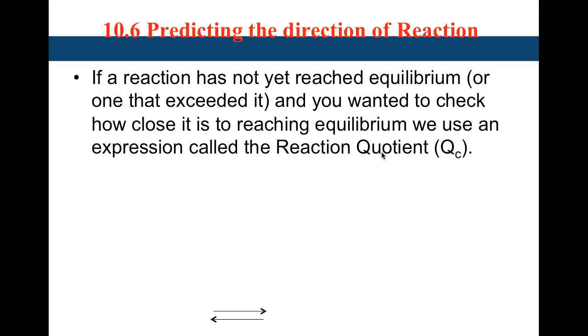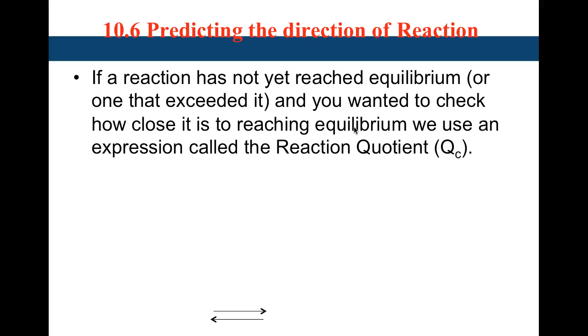It is exactly the same as the equilibrium constant expression, except it's not at equilibrium. It's done at a time which is not at equilibrium. It could either have gone past the equilibrium time, or it could be a time before equilibrium.